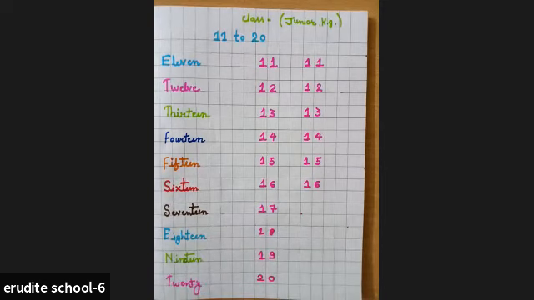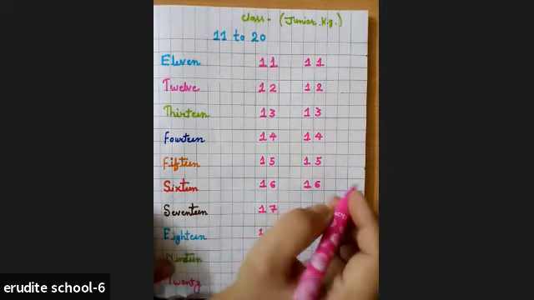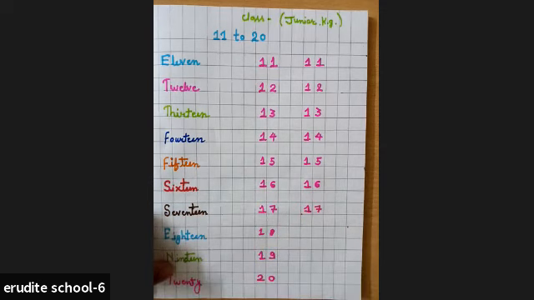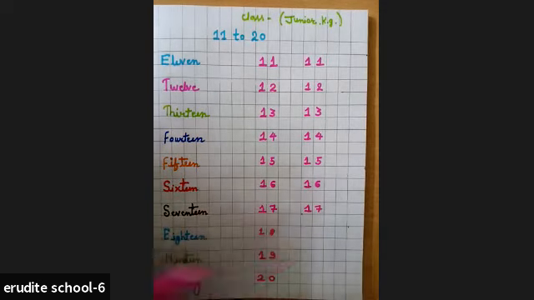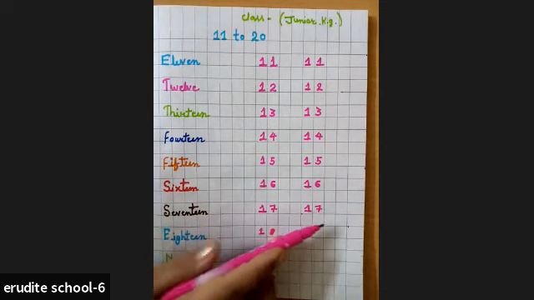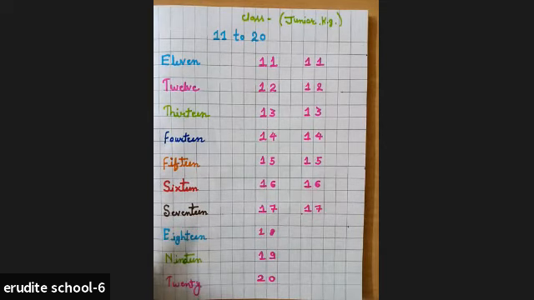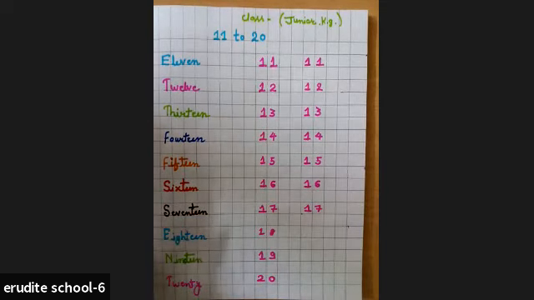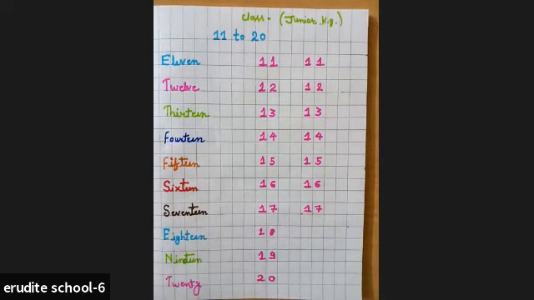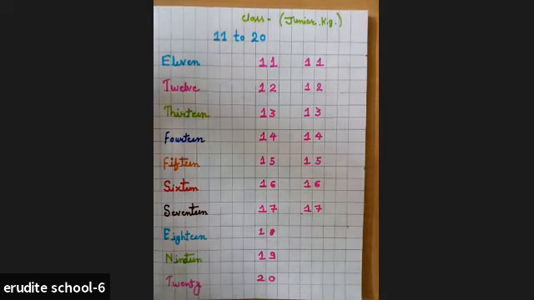And now next digit, 17. Okay. So now 1 7 17. Okay. And spelling of 17, beta.